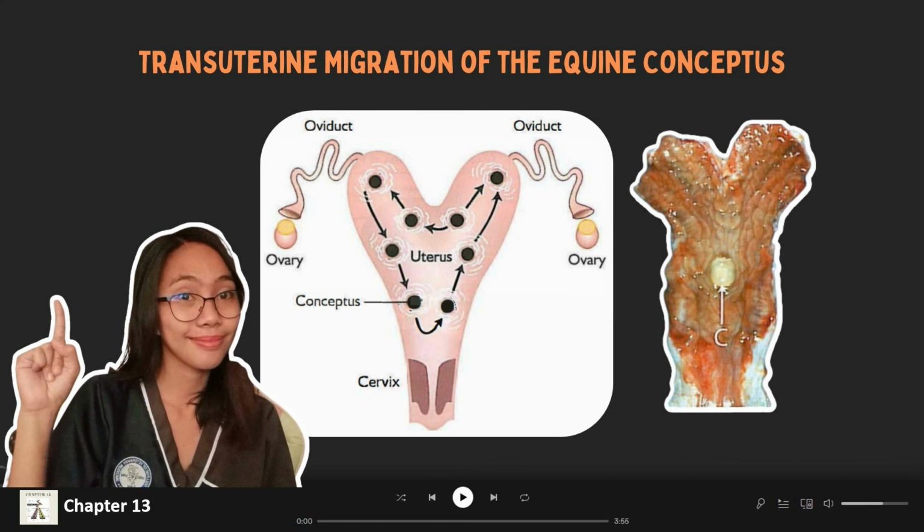On the right picture, this uterus is from a mare at day 14 of pregnancy. The uterus has been incised on the dorsal surface to expose the spherical conceptus. This specimen shows the conceptus and uterus on the last day, or the 14th day, of the uterine migration phenomenon.